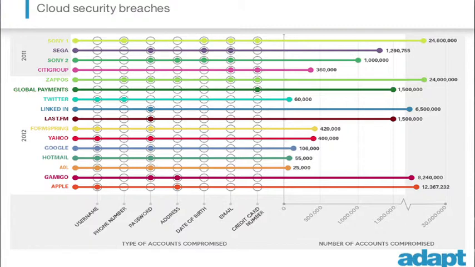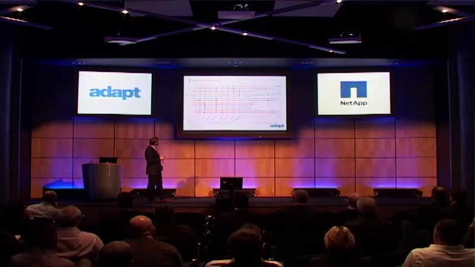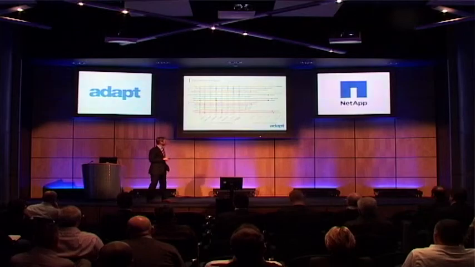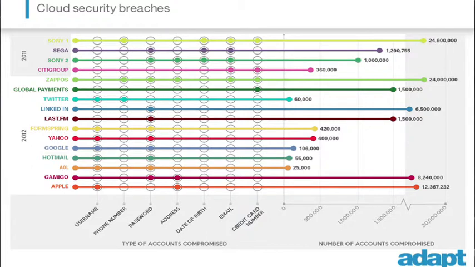If we look at the top here, June of last year, pretty major hack. Almost 25 million user accounts compromised. That would be email, credit card numbers, phone numbers. That was Sony. They had a bad month in June.